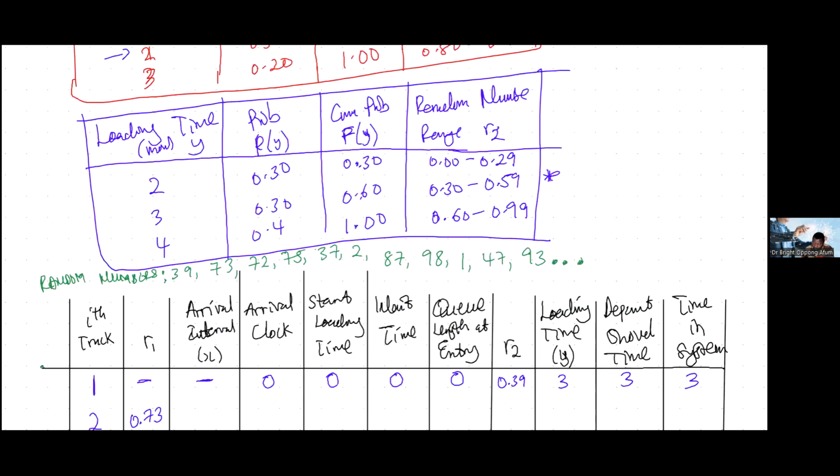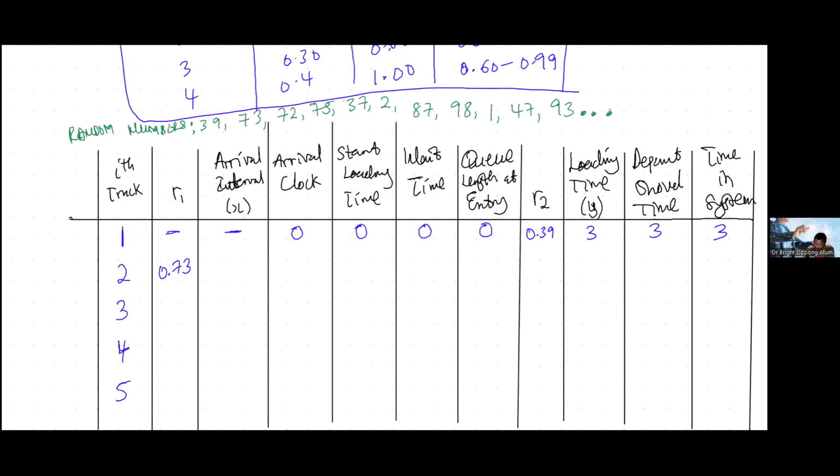So we'll come here and we'll write 2 as the arrival time, 2 as the arrival time, right? We can hold on with generating all this. I would like to do this first. The next number is 72, which is 0.72, and that will be the loading time.